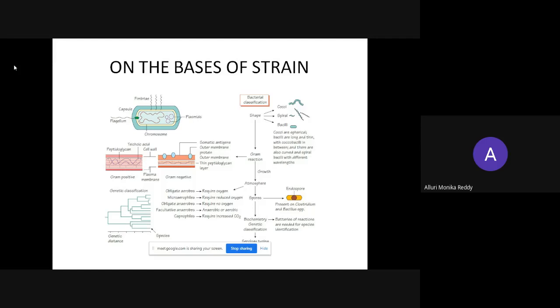Gram positive bacteria, with fewer lipids in their cell walls, are less susceptible to the action of alcohol.